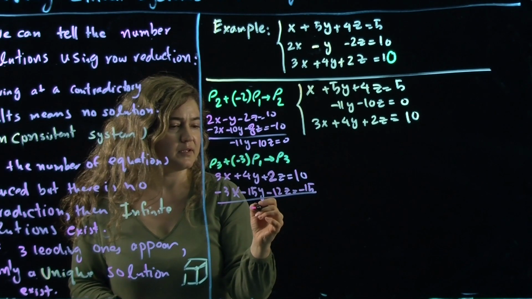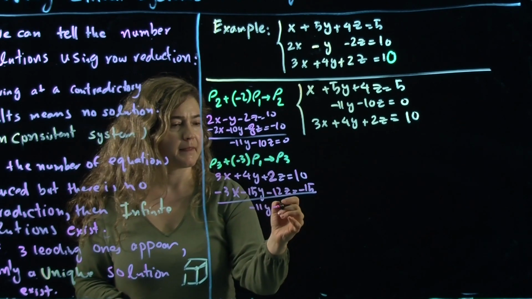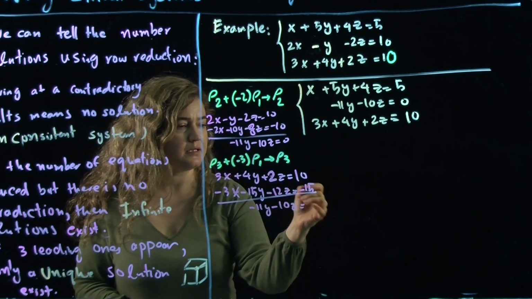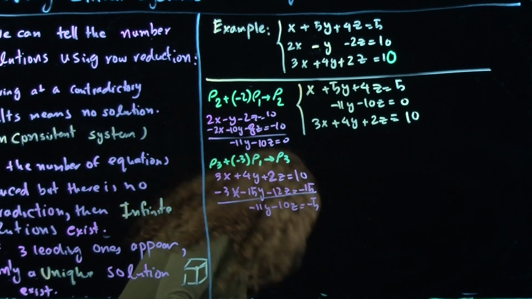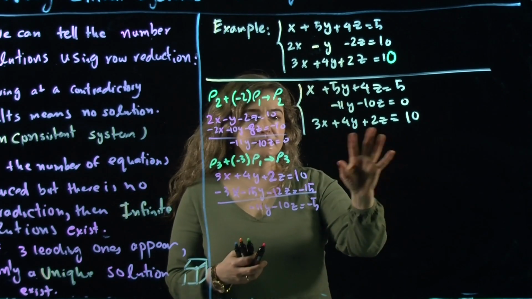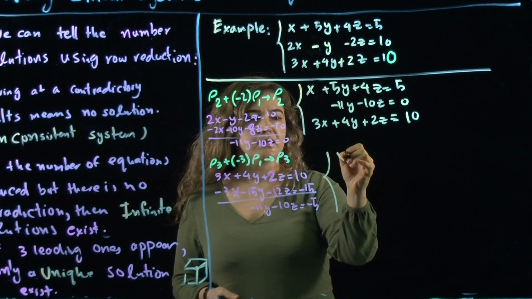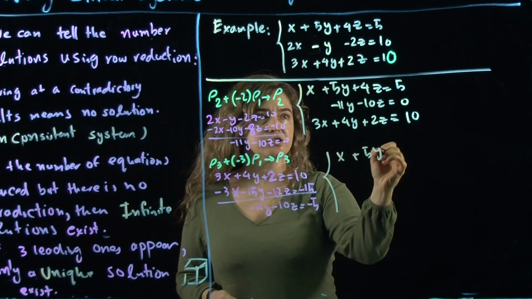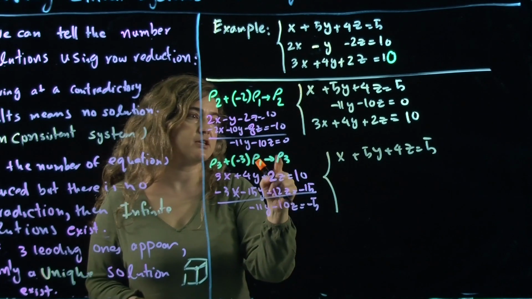This will give negative 11y minus 10z equal to negative 5. Replacing, the first row does not change. The only row that's changing is row 3.